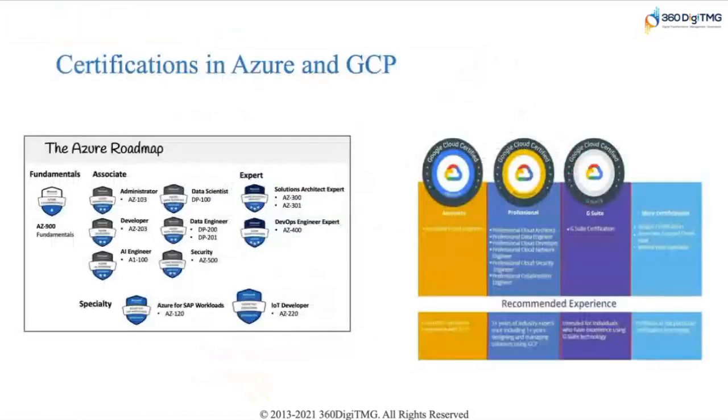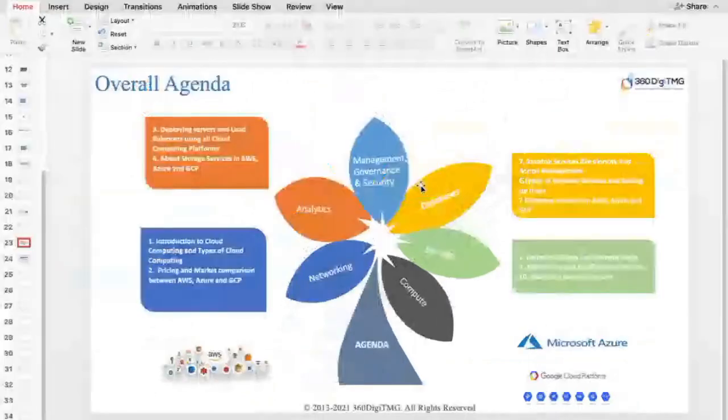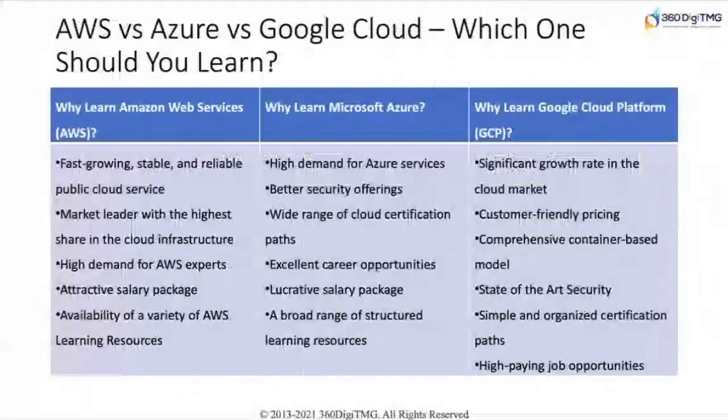Let us make a brief comparison between these clouds. Suppose you want to switch your career, as I said, or you want to start learning a cloud, where should you start? This depends.